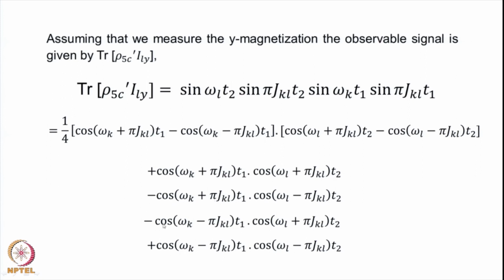Okay. And this term will again be negative in sign, and this will be at omega k minus pi j k L and omega L plus pi j k L along the F1 and the F2 dimensions. Finally, this will be again positive and this will appear at omega k minus pi j k L along F1 and omega L minus pi j k L along F2.